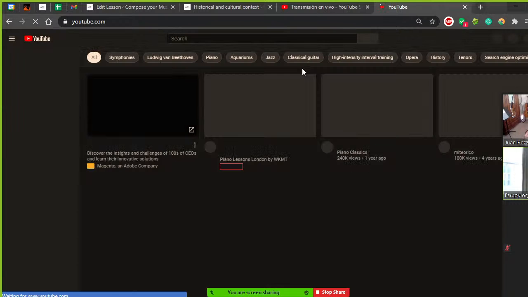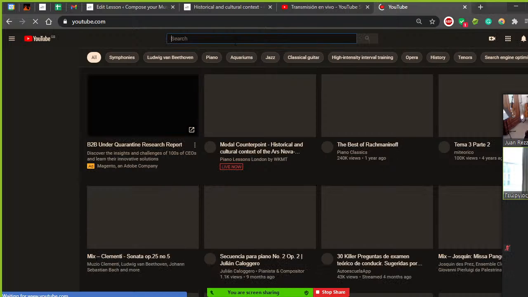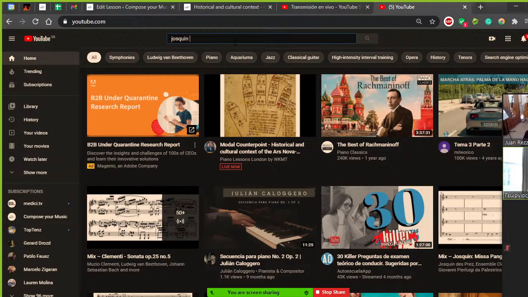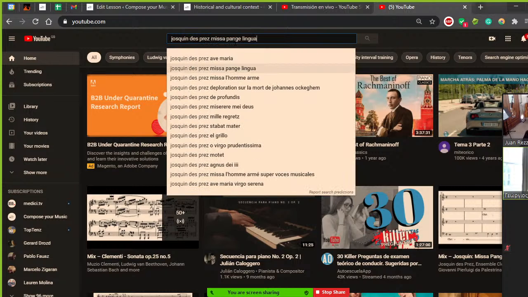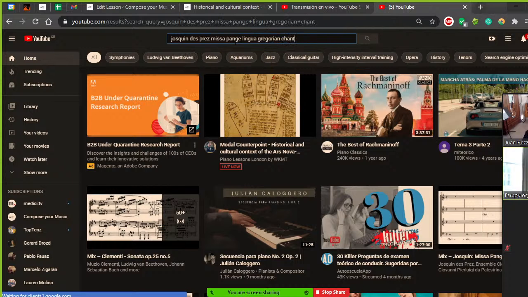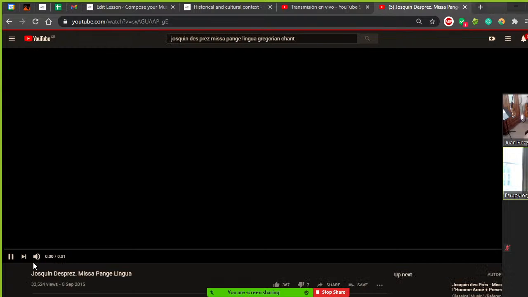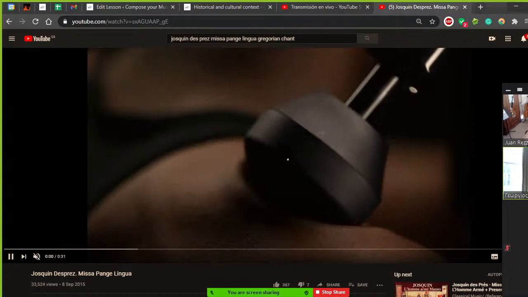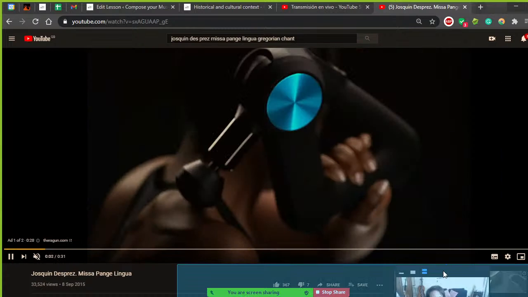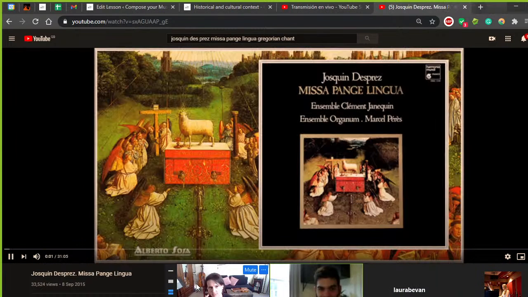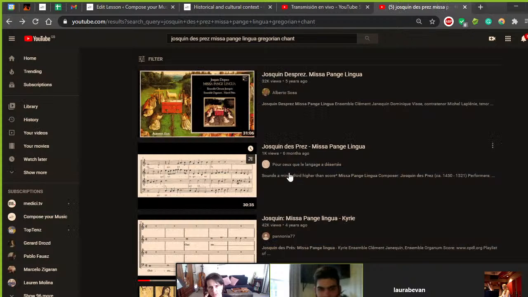And then melodically, yes, that's why Josquin was a genius. Pange Lingua, yes, but the Gregorian. Let me see if I can find it. Okay, they start.